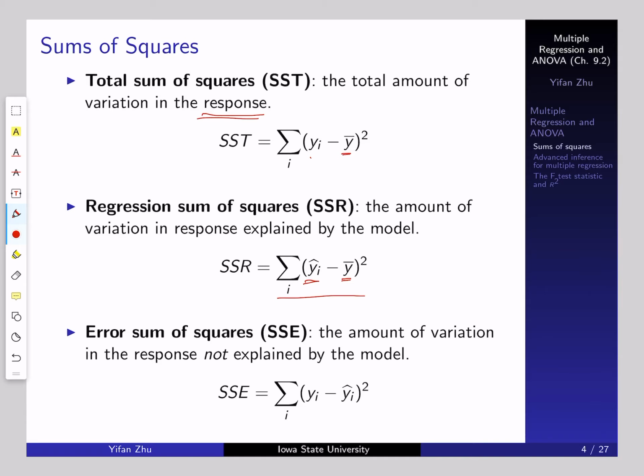It is the amount of variation in the response not explained by the model, because we don't have a perfect fit, and there is a residual caused by the difference between the observed response yi and the fitted response y hat. And this is the sum of squared residuals.